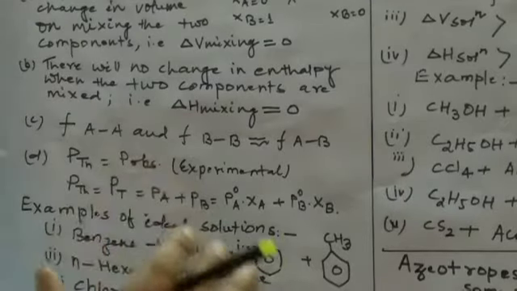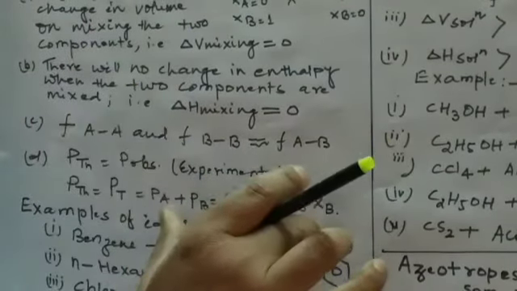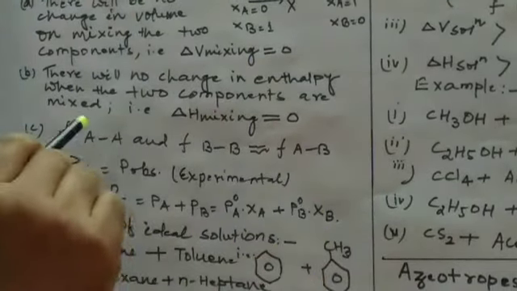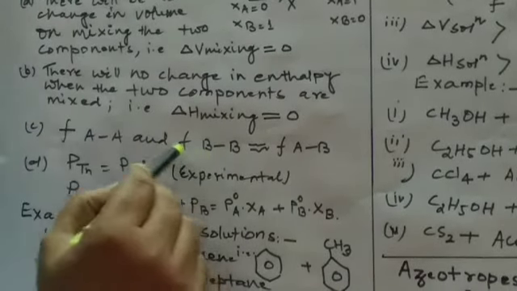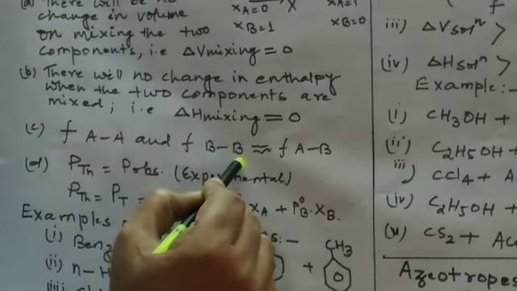Similarly, the interaction between B and B goes on dissociation, and that also absorbs heat. And when A and B are mixed together and form a bond, that is AB is formed, then heat is released.